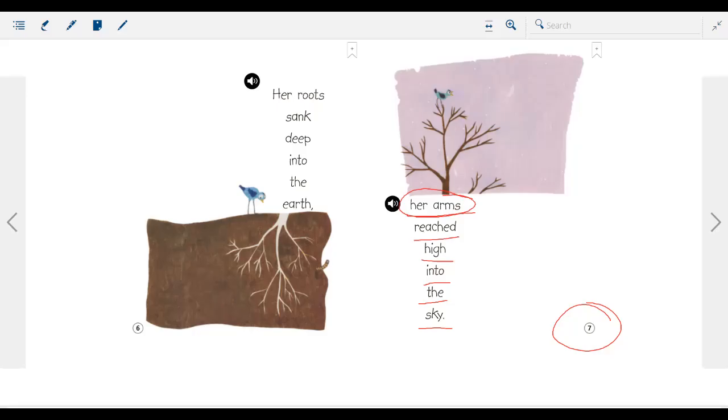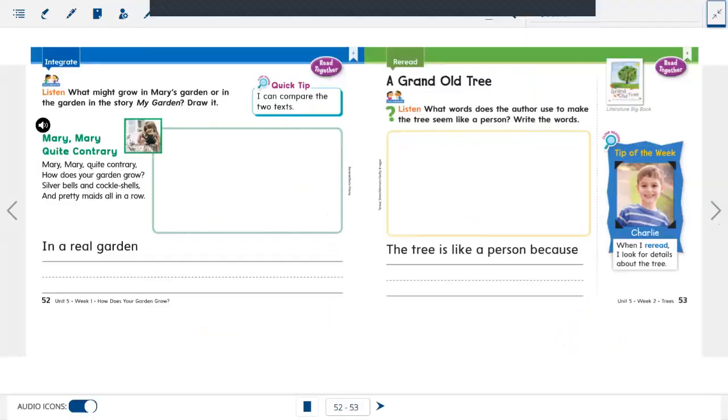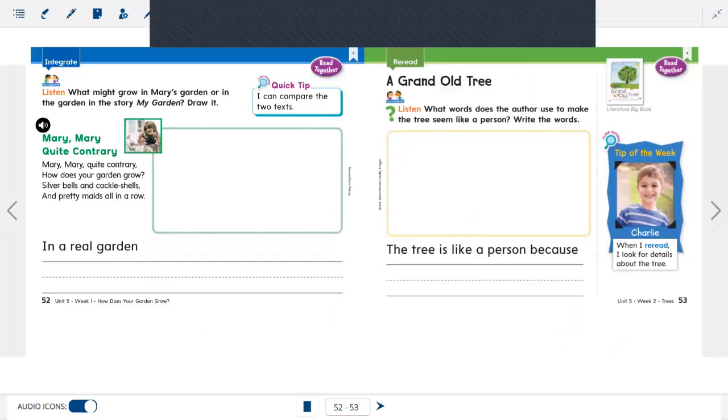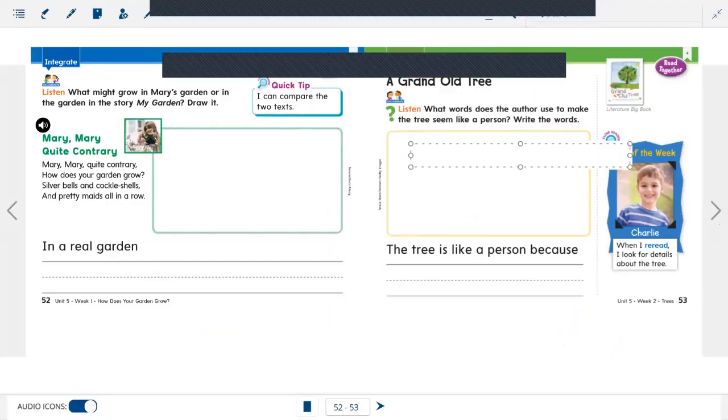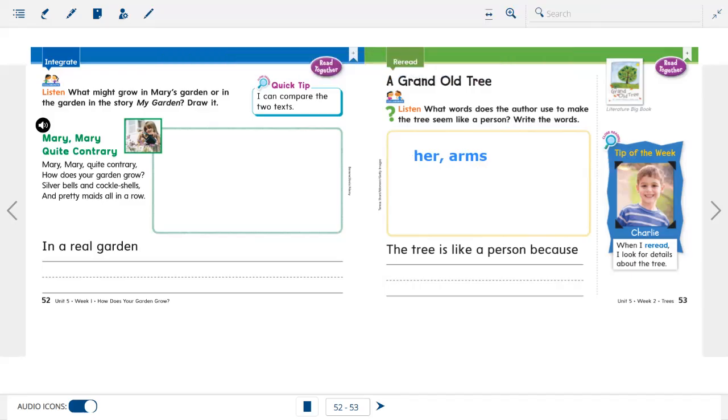So we are going to write her arms. Those are the words that the author used to make the tree seem like a person. Her and arms. Make sure you write your name up at the top and put the date there too.